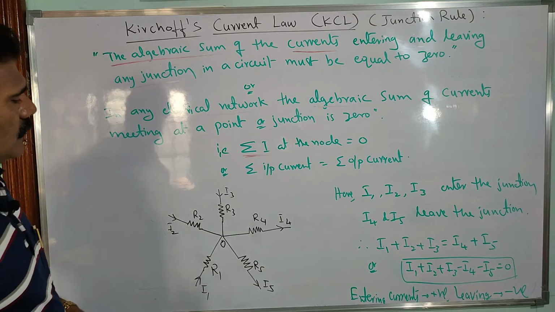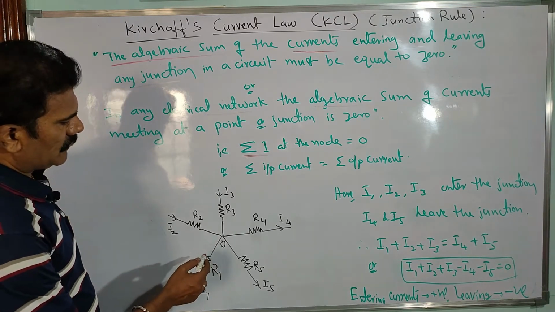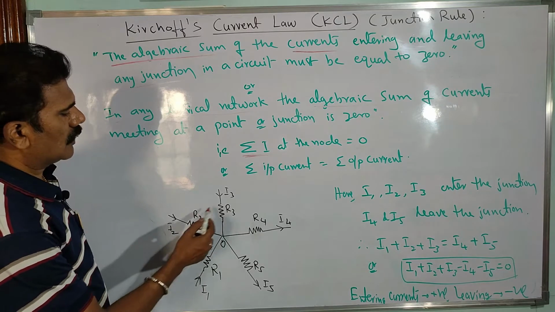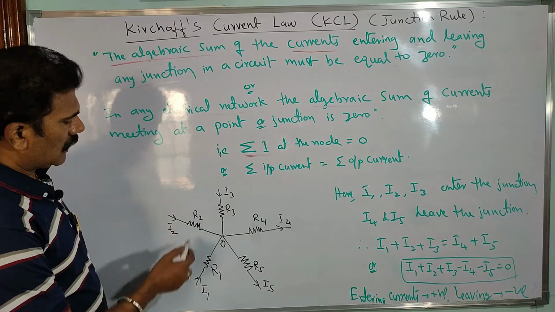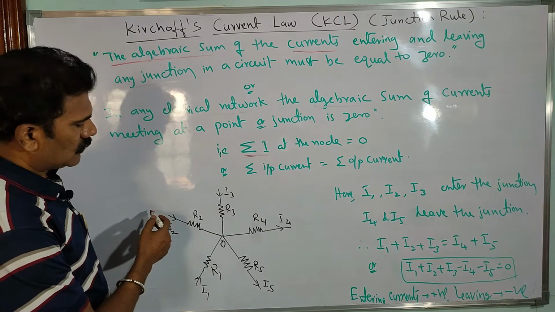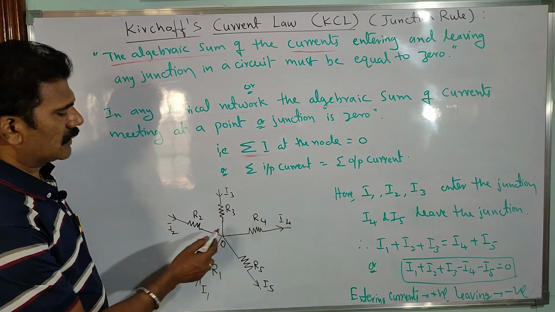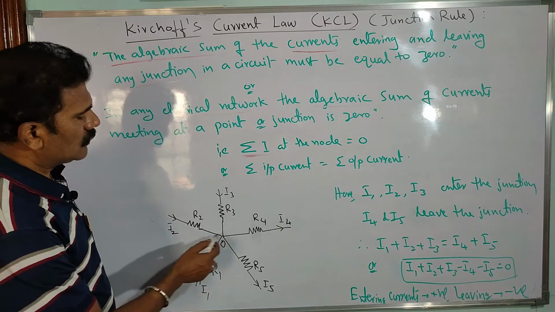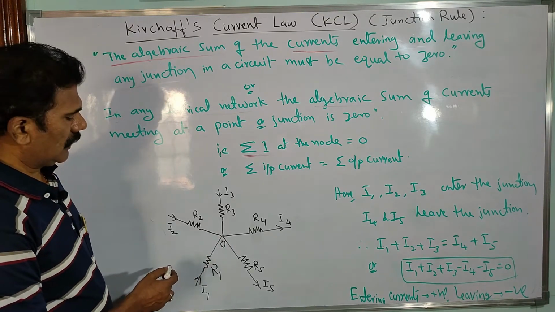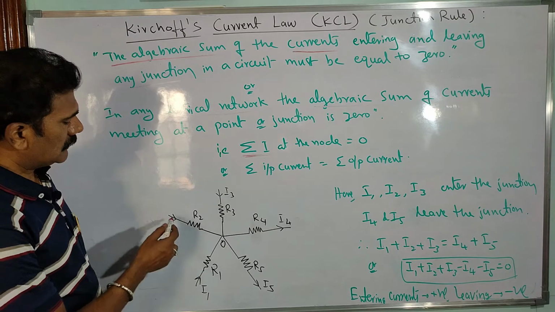So you observe that there are branches of the circuit with R1, R2, R3, R4, R5 as the resistors in the branches. The current from the source is allowed to pass through all the branches here and meet at the point O. So what are the currents which are entering the node O? You have to observe that. You have to look at the directions.